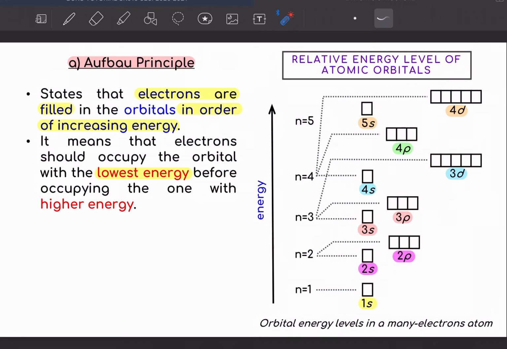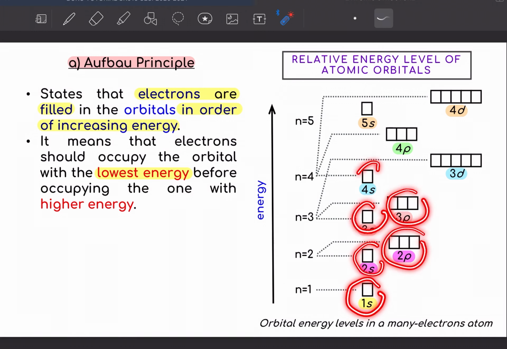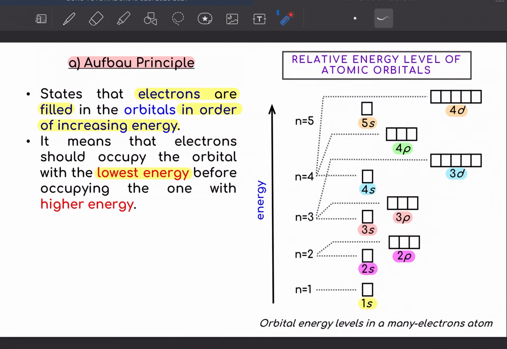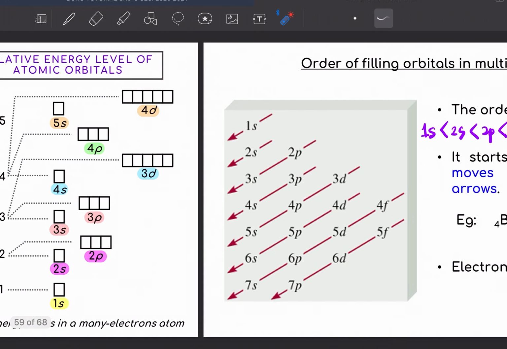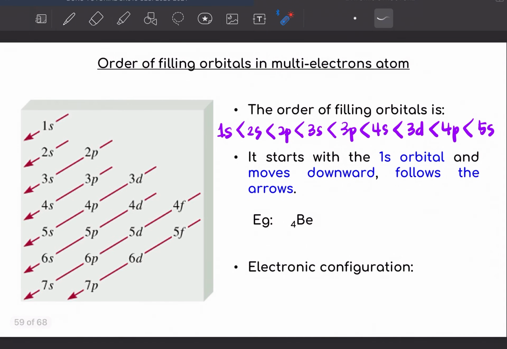So notice here that it starts with 1s, 2s, 2p, 3s, 3p, 4s, 3d. 4s comes first before 3d because the 4s orbital has a lower energy than the 3d orbital. So this is the sequence of your orbital energy.